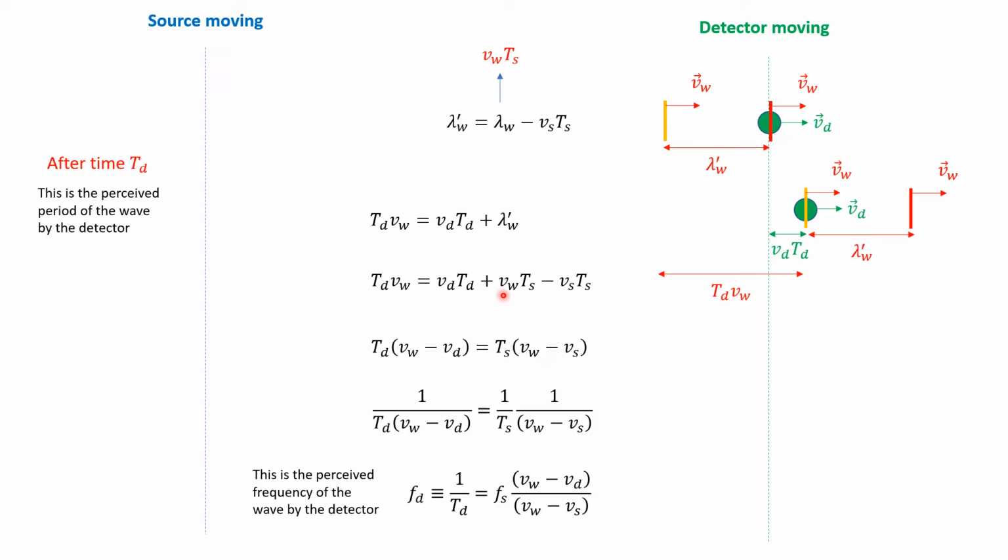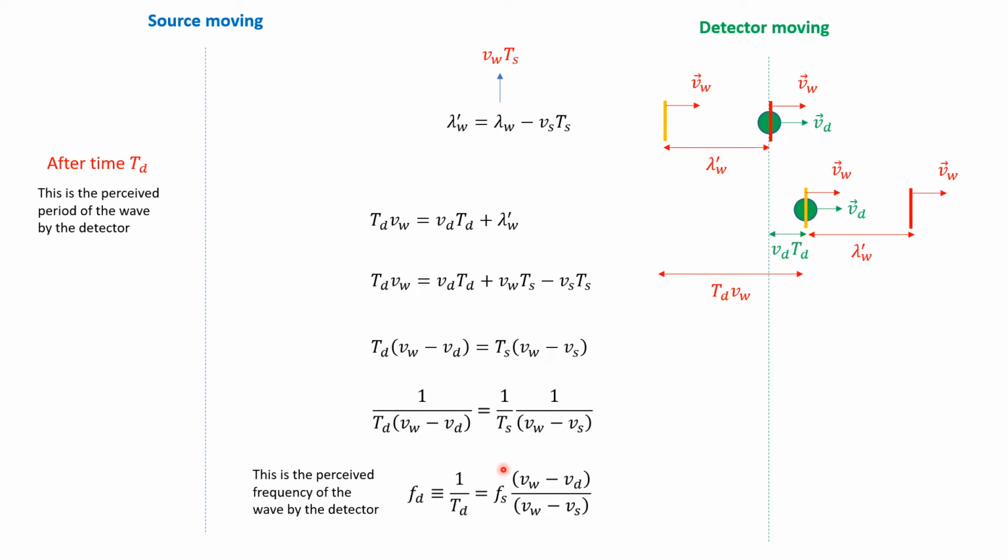You can see here that you have td and td, so bring them to the left side, and you have ts and ts, so bring them to the right side. Take it as a common factor on the right side. Then if I take 1 over the two terms, you get this. Why did I do 1 over? Because 1 over td is just the frequency fd, and then I can move this term up there.